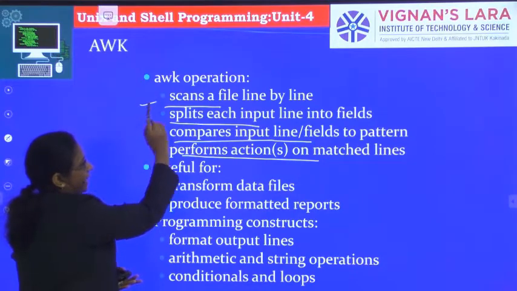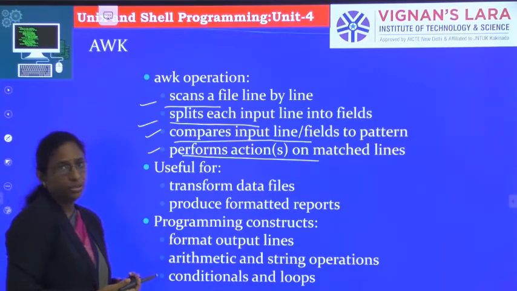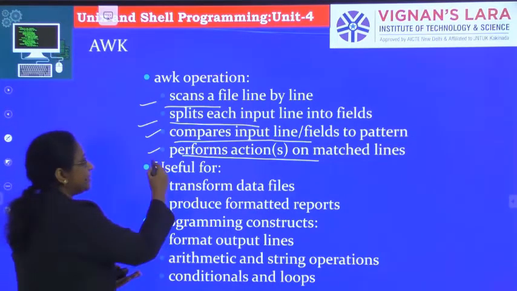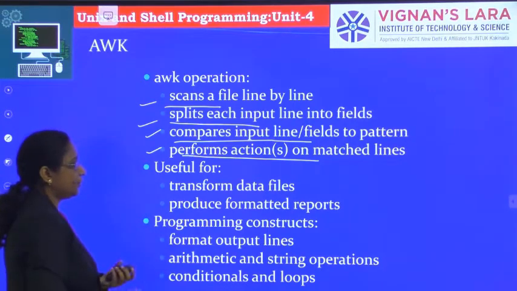It scans the file line by line, splits each input line into fields, searches for the pattern in the lines and fields, and if a match is found, the matched lines will be considered and some actions will be performed on those lines.